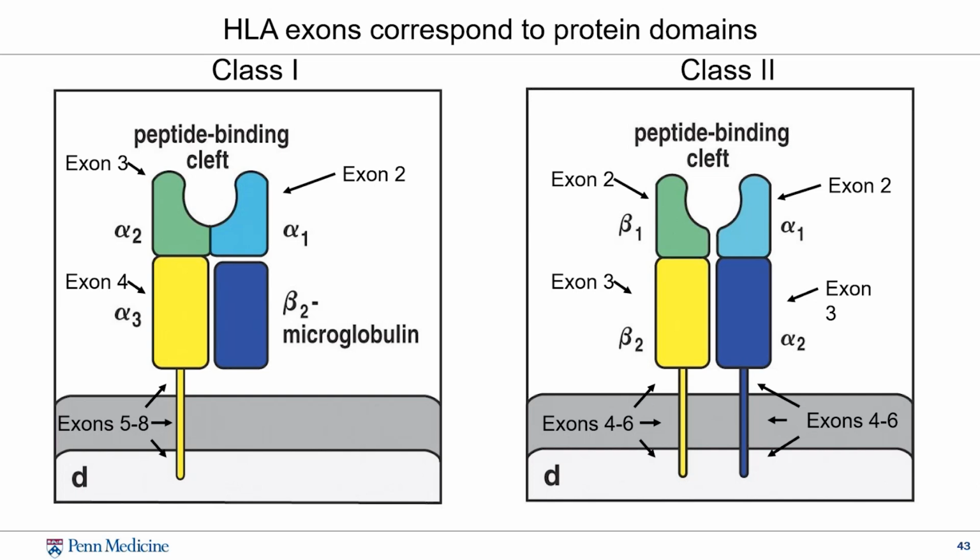That really makes us think that's why the T cell response is more important to this as opposed to the B cell response, because a B cell could bind to any region, but this is really the part of the HLA molecule that interacts with a T cell. So that's why we get really excited when we see all these amino acid positions at these peptide binding clefts. Class 2 is similar, where exon 2 encodes for these peptide binding clefts.